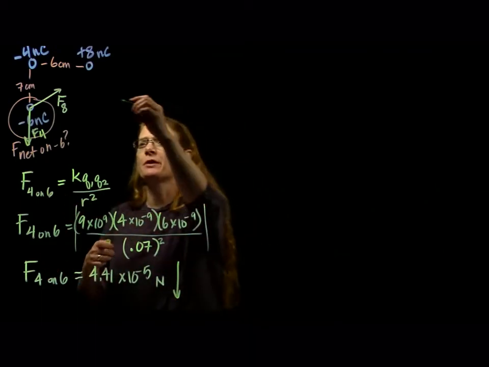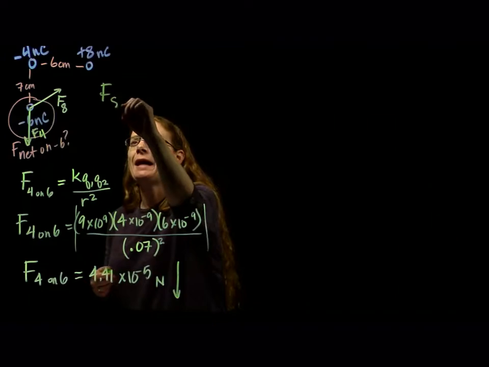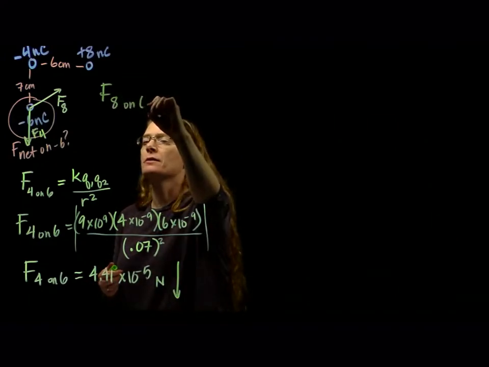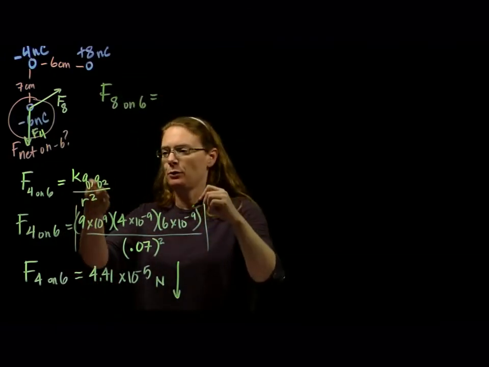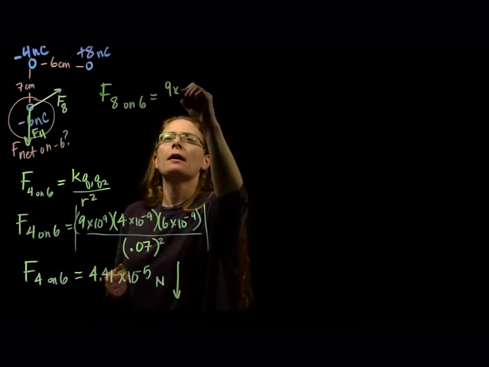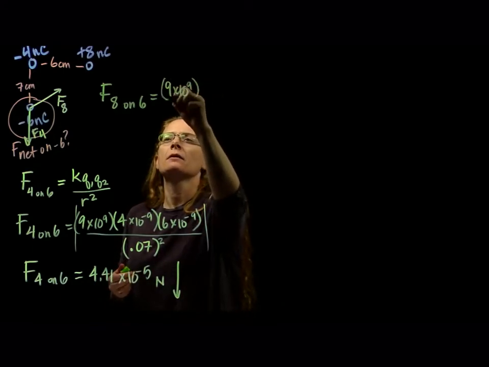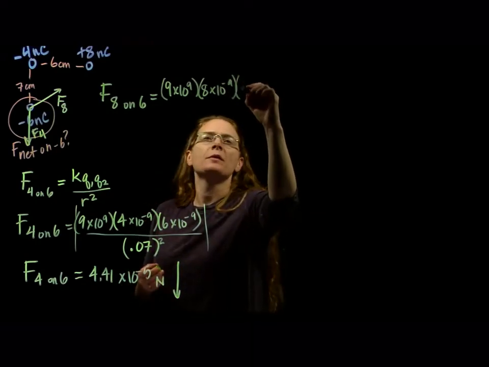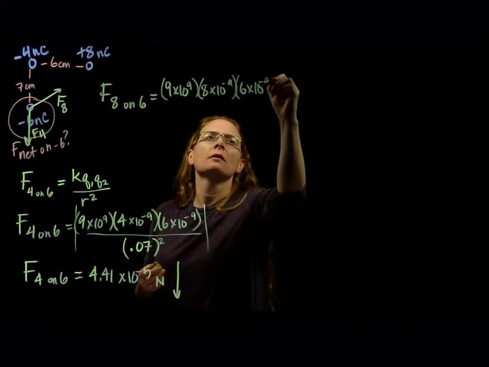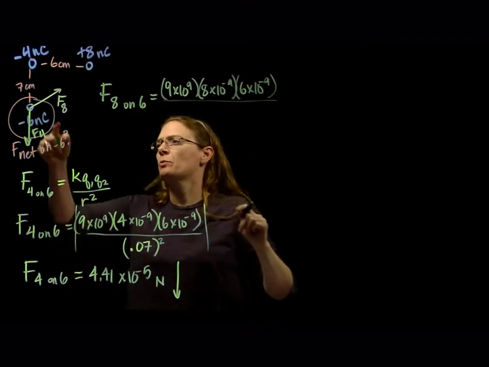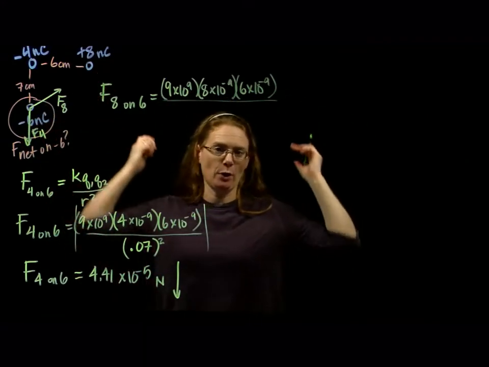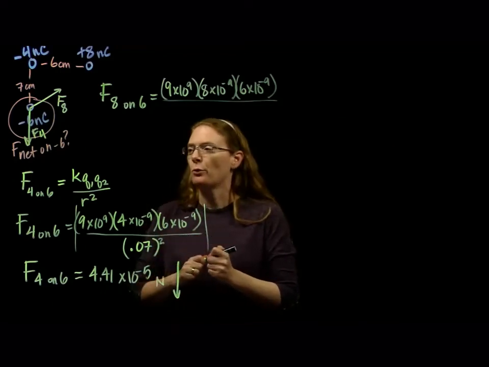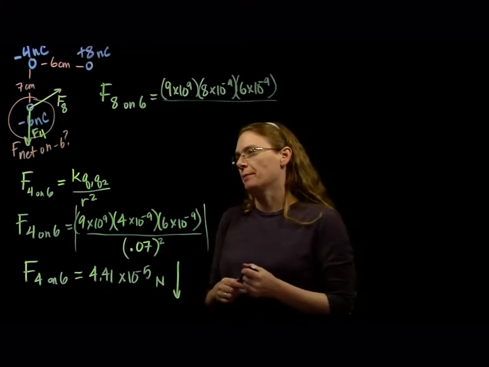We're going to do the same thing for the second force. The force of the 8 acting on the 6: K Q1 Q2 over R squared, 9 times 10 to the 9th. And now we have 8 nanocoulombs times 6 nanocoulombs, all over the distance between them. Don't know it. All right, so what do we do? How do we get the distance between them?